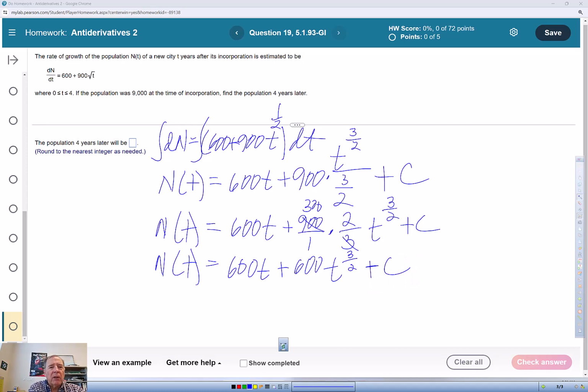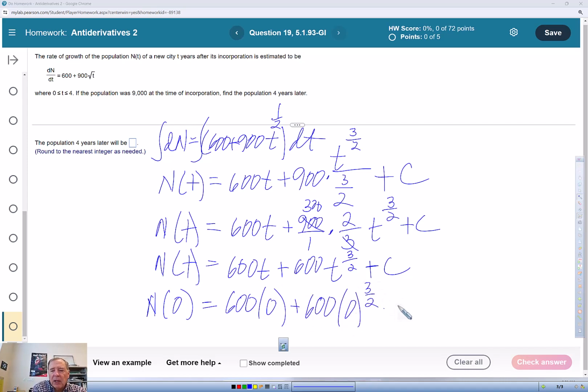Now we need to evaluate for the constant of integration c. N at time 0, the time of incorporation, is 600 times 0 plus 600 times 0 to the 3 halves plus c. Both of these are going to be 0, so I get c equals, and it had to equal 9,000, so c equals 9,000.